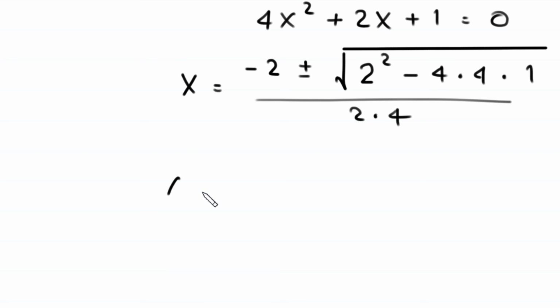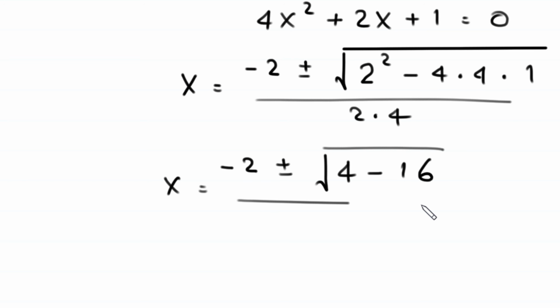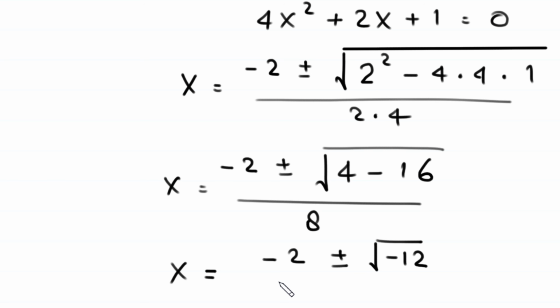Further simplify, x will be equal to negative 2 plus or minus the square root of 2 squared, which is 4, and negative 4 times 1 times 4 is negative 16, divided by 2 times 4, which is 8. So x will be equal to negative 2 plus or minus root negative 12 divided by 8.